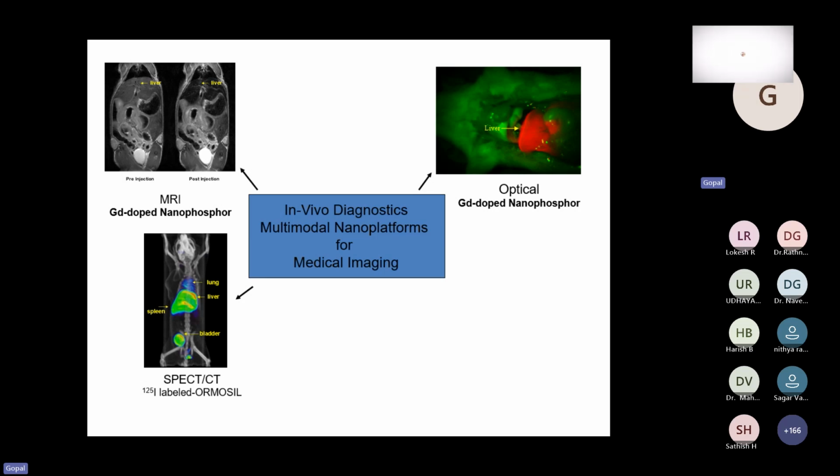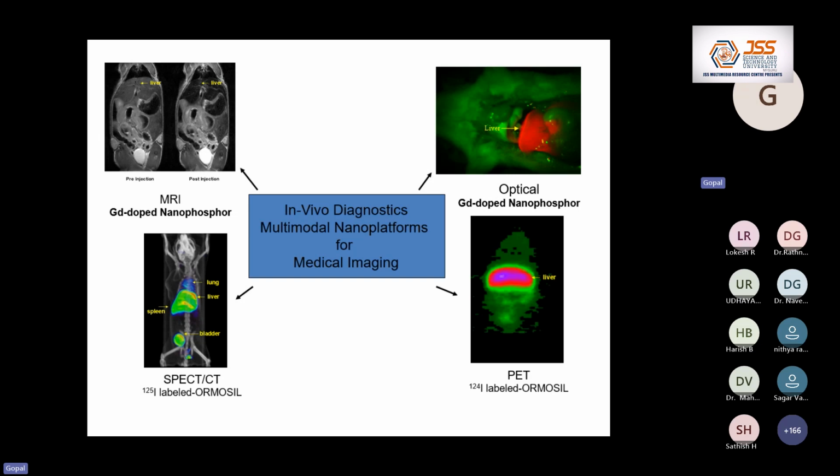Then see, this is a SPECT CT scan. These are the nanomaterials for real-time monitoring of all these biological processes, all the detection. This is the hot area in terms of research, and interestingly, many of these techniques are deployed into real applications. They are all working now. So this is one way.